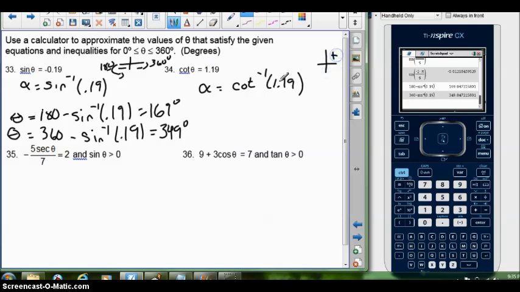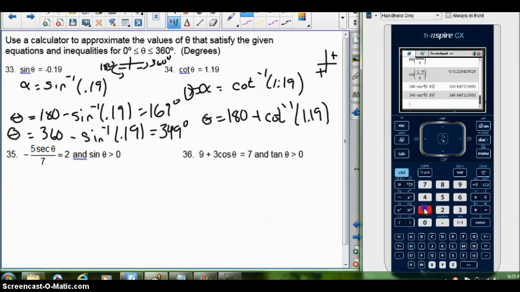In the first, which we'll get here, so our theta will actually equal alpha this time. And then cotangent is also positive in the third quadrant. So theta will also be 180 plus inverse cotangent of 1.19.